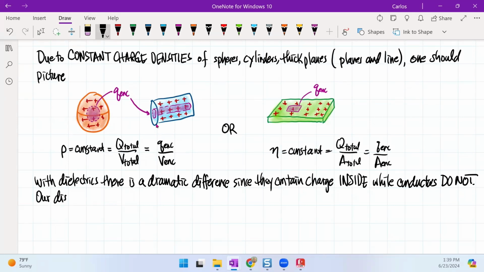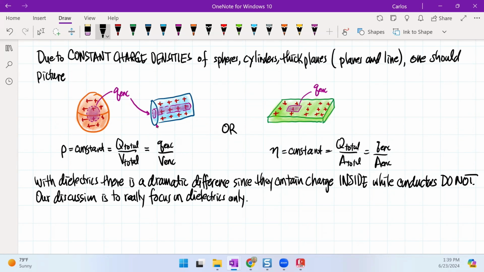Our discussion here is to really focus on dielectrics only. Because as soon as we do a dielectric, we immediately know what the conductor is.